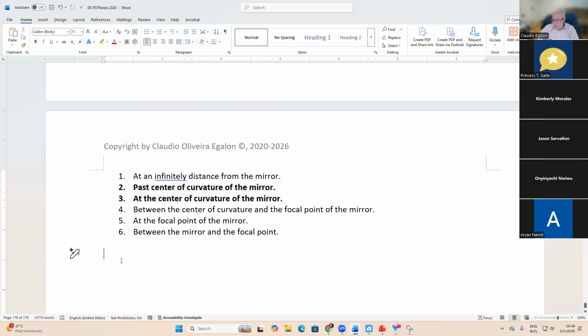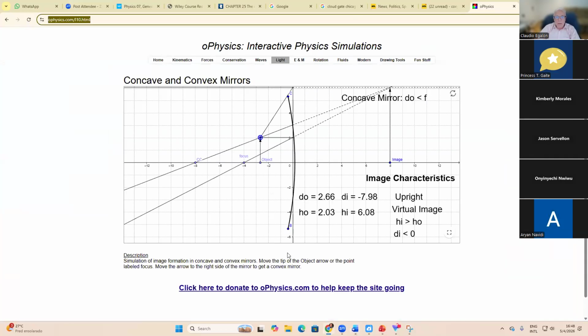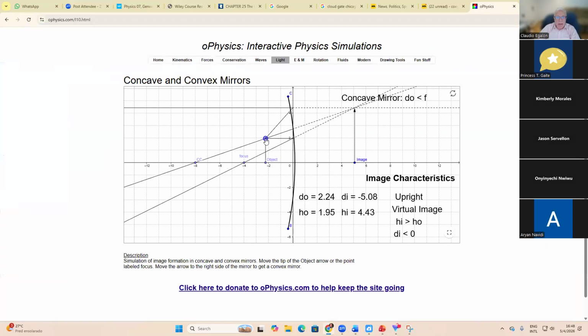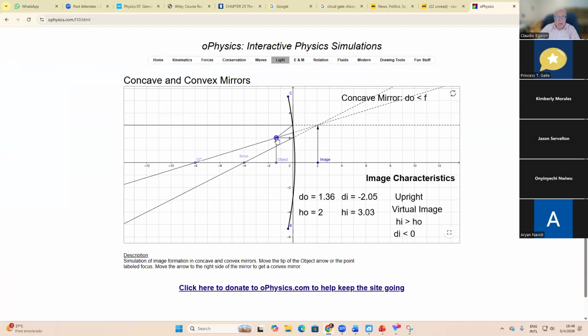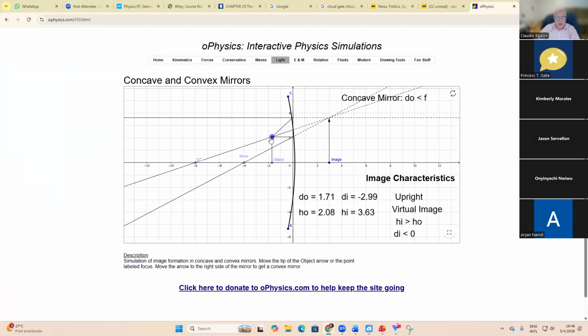Simulation here, important simulation. Two more minutes to go. And as the object approaches the mirror surface, the image decreases in size, right?